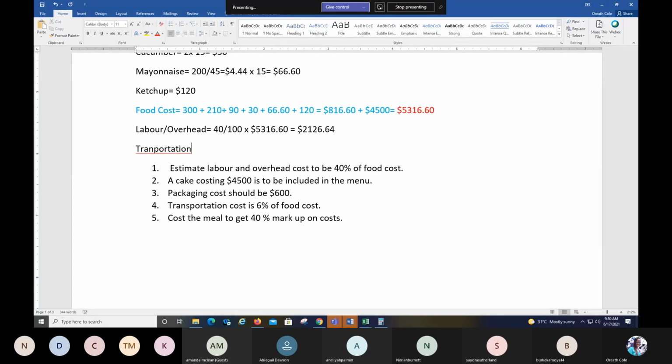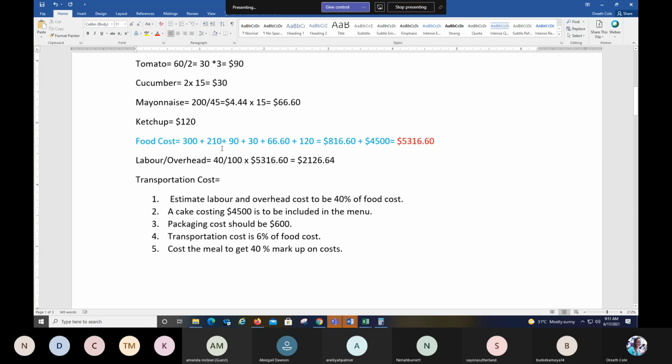Transportation. So before we find the transportation cost, are we supposed to take the labor cost out of the figure? No, we're not taking out anything.